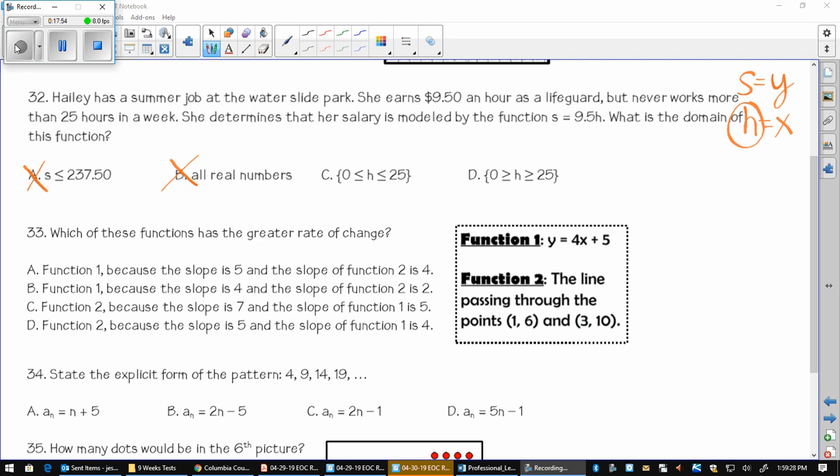So that doesn't really make sense. This is saying 0 is greater than the number of hours she works. The only way 0 could be greater than that is if she worked a negative number of hours. And then this side is saying the number of hours she works is more than or equal to 25. So she should work more than 25 hours a week. And this problem tells us she can't work any more than 25. So C is our answer. The number of hours she works should be more than 0 and less than 25.